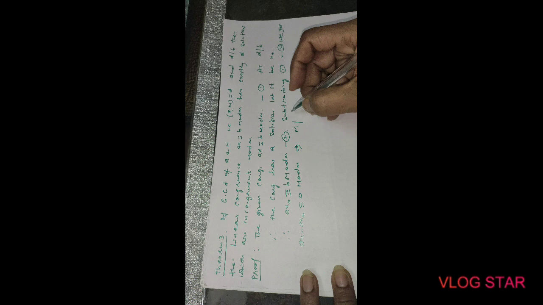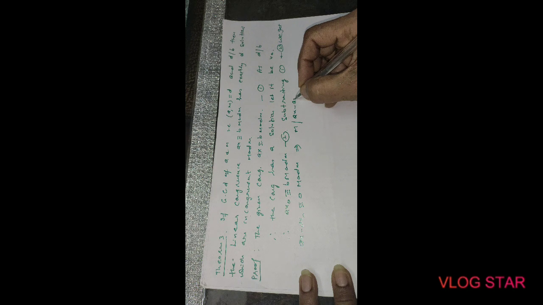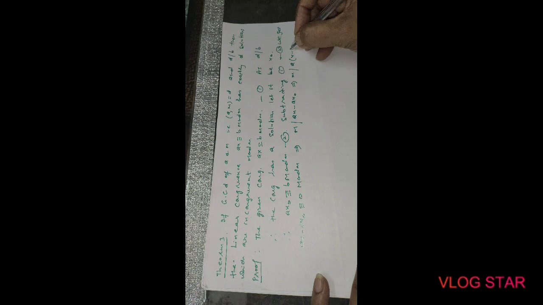Now subtracting 1 and 2, we get ax minus ax naught is congruent to 0 modulo m, and this implies m divides ax minus ax naught. That implies m divides a into x minus x naught.